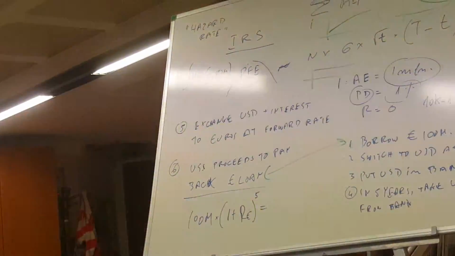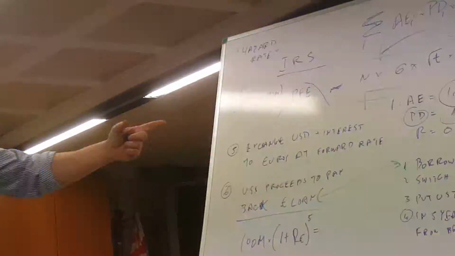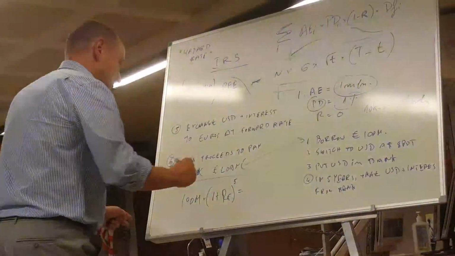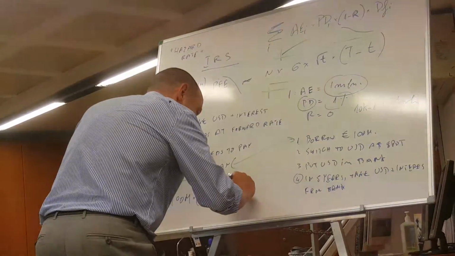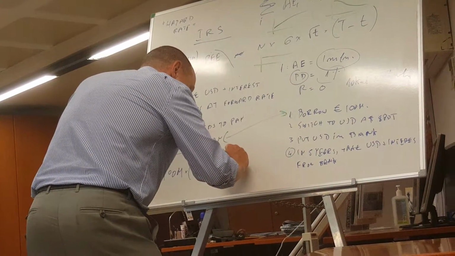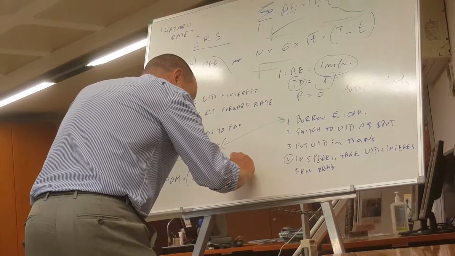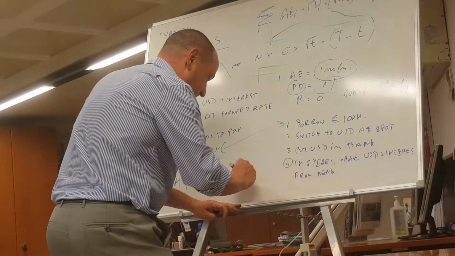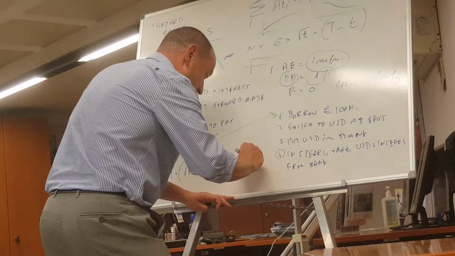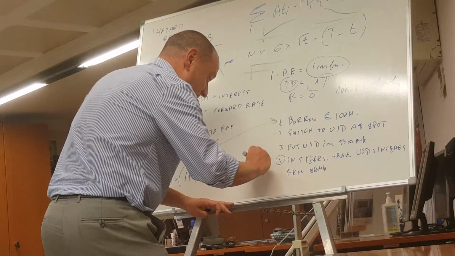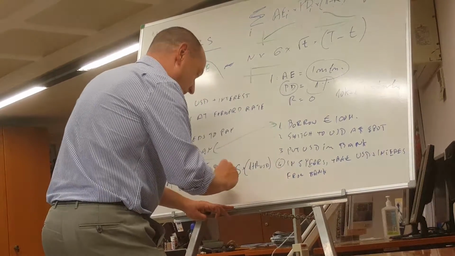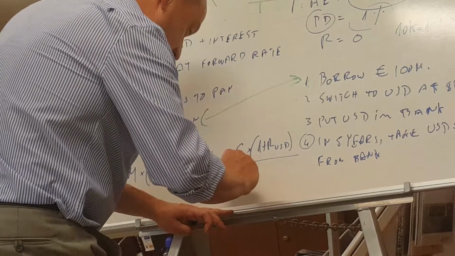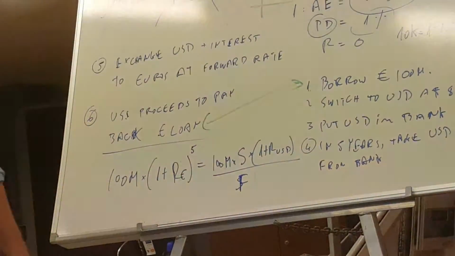And what is the other side going to be? 100 million times the spot rate of USD, times 1 plus R USD, because I put it in the bank, over the forward rate of Euro USD.